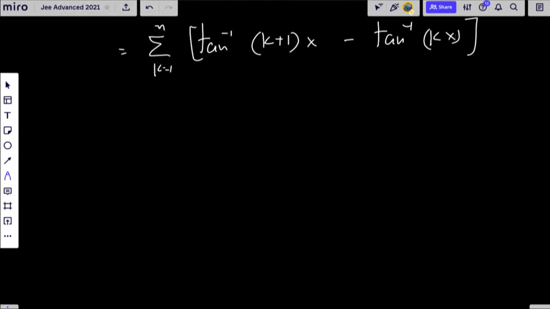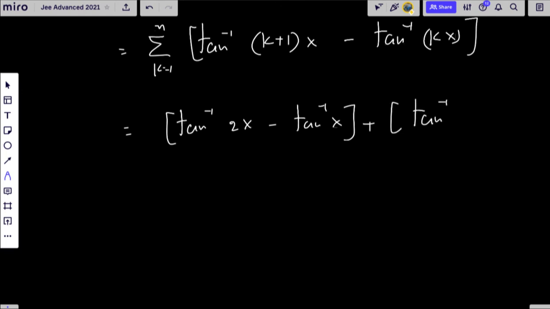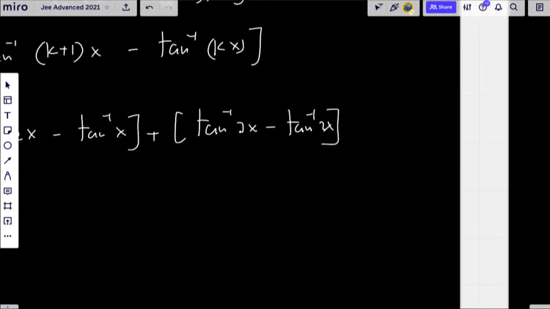So finally, what we will get, let me expand this: tan inverse 2x minus tan inverse x. Then in another bracket, when we put similarly, we get tan inverse 3x minus tan inverse 2x. And similarly we go on in the same manner.